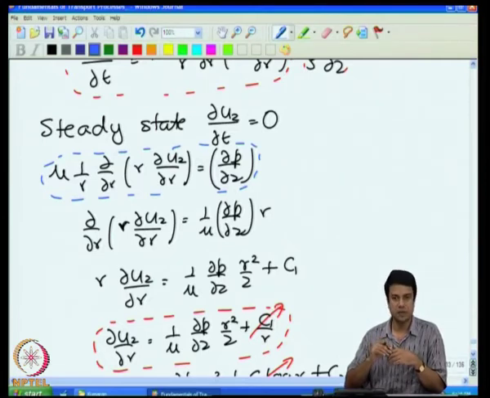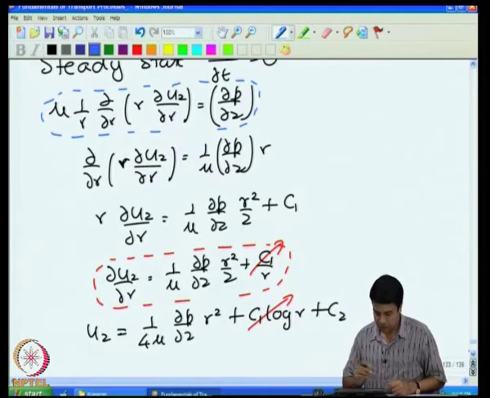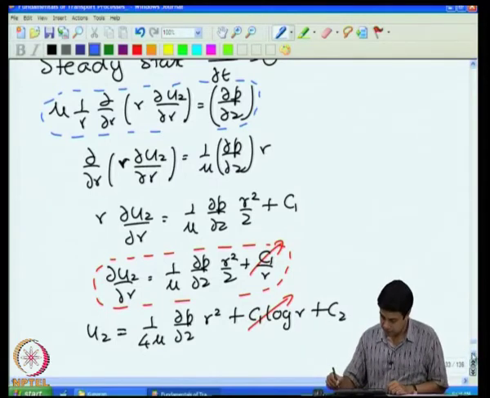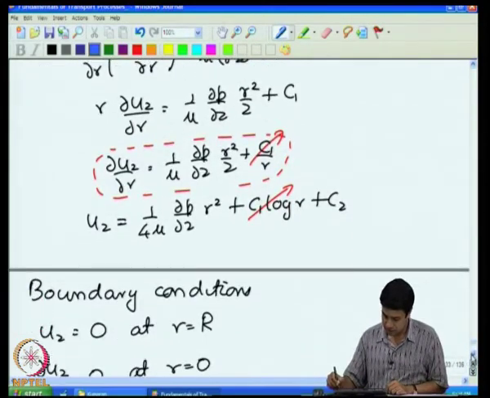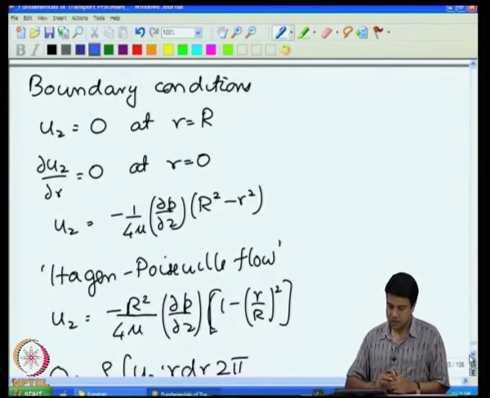Similar to the cylinder case, where I had heat transfer in a cylinder of infinite extent, temperature was only a function of r. In this case, u z is only a function of r. So, I had solved this equation subject to boundary conditions to get a parabolic velocity profile. u z is equal to minus 1 over 4 mu dp by dz into R square minus r square.